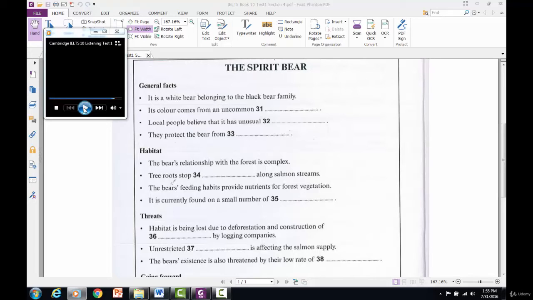You'll notice that after they did number 35, you had a small pause. It was like a 2 or 3 second pause. Okay, that's something they do in section 4, right? They go through from question 31 to 40, but they are very often, not all the time, but very often, they'll do like the first 5 questions, or 4 questions, or 6 questions. Then you'll hear a small little pause.